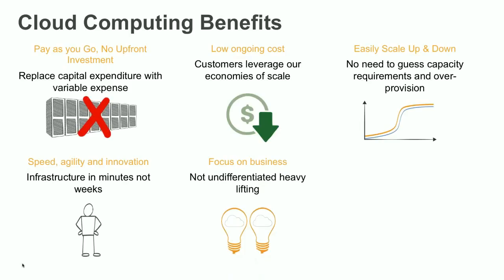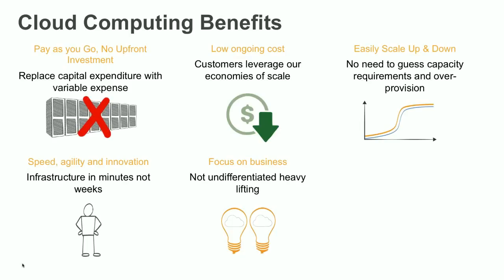The fifth benefit of a public cloud platform is that organizations can now focus on the business. AWS has removed a lot of that undifferentiated heavy lifting required for supporting IT infrastructure. AWS is responsible for all the bricks and mortar that goes into supporting the data centers that host the various network equipment, storage equipment, and server hardware.